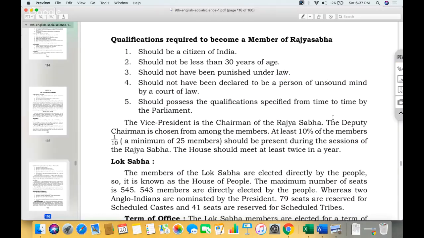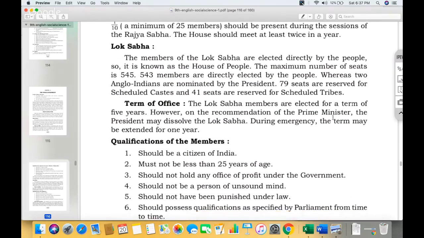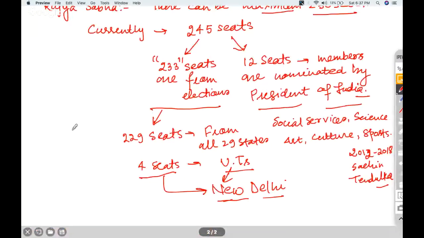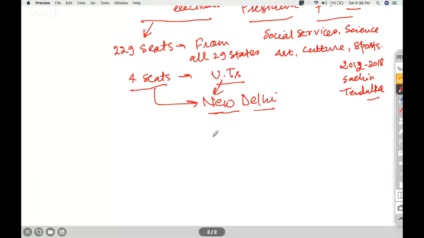Now Lok Sabha. So Lok Sabha, the maximum number of seats is 552, not 545.